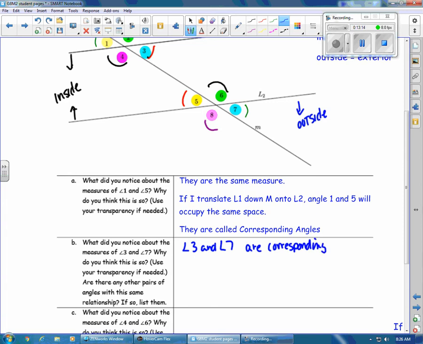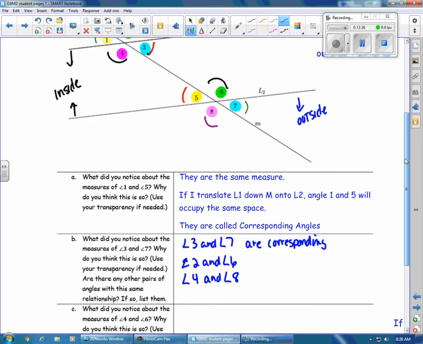What other angles are corresponding? Angle 2 and angle 6, angle 4 and angle 8. So there are 4 sets of corresponding angles when 2 parallel lines are cut by a transversal.